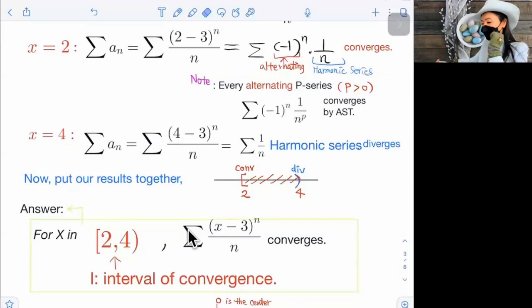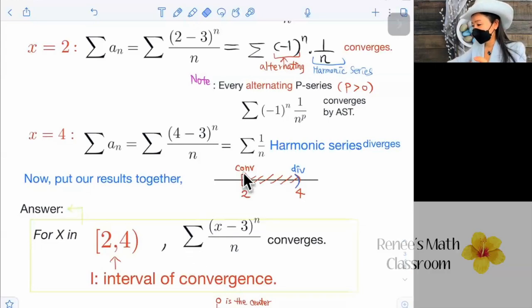So now we can put the result together. We know that at 2 over here, it converges. At 4, it diverges. And remember, it's going to converge absolutely inside, and then diverge outside.